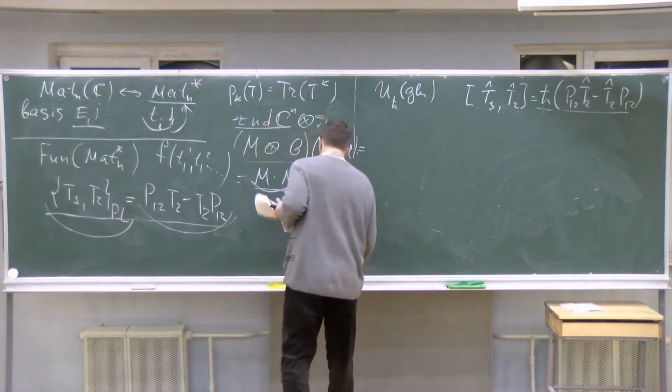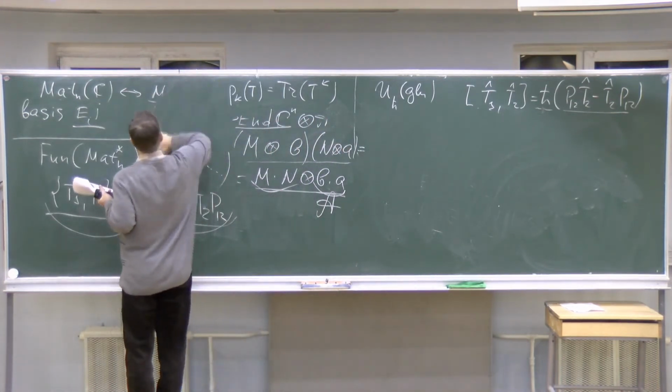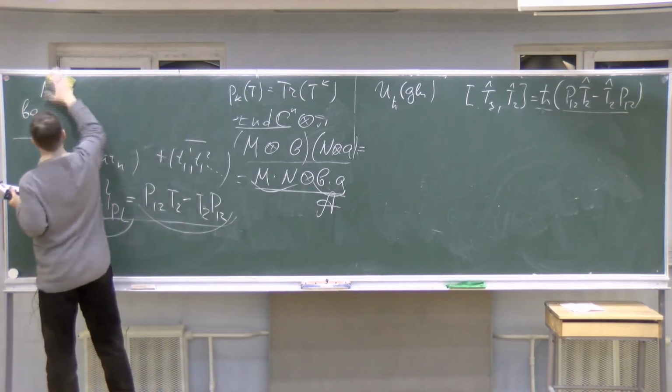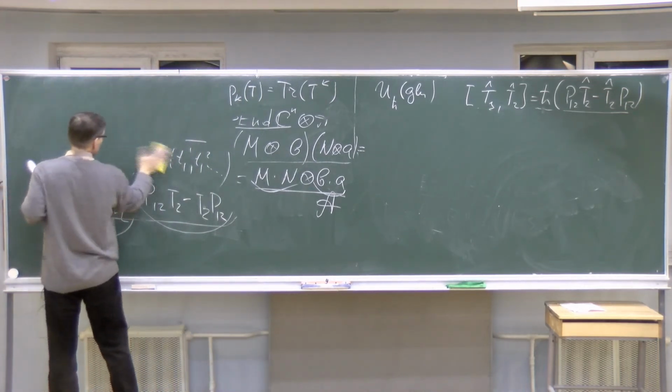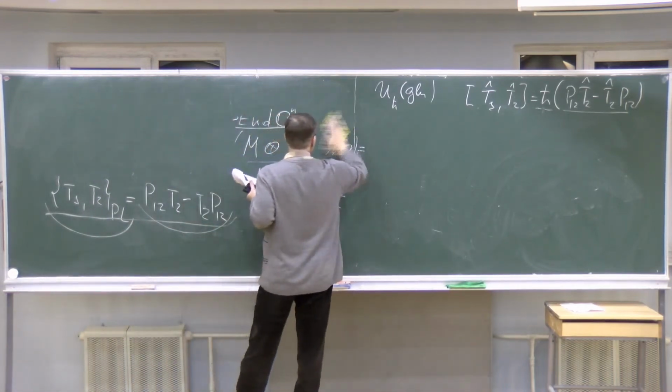Then let us consider another Poisson bracket, the so-called Sklyanin bracket, on the same commutative algebra.